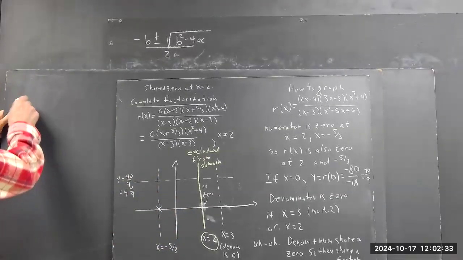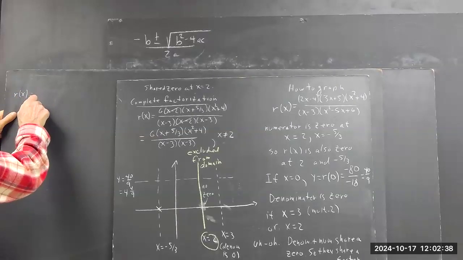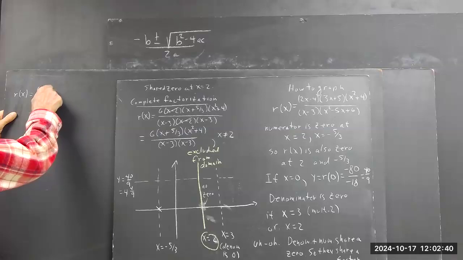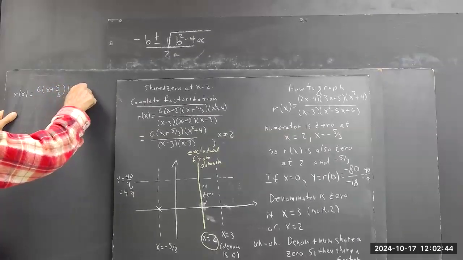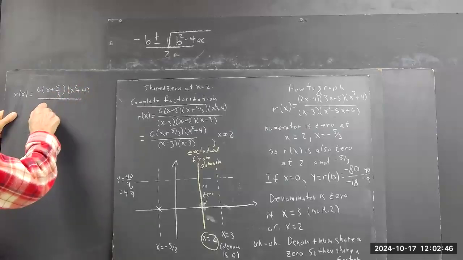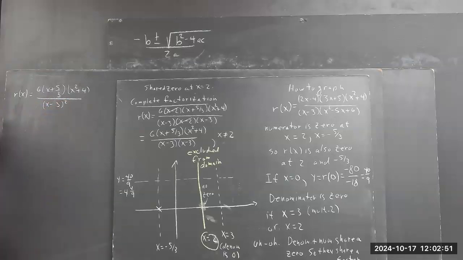Okay. Our of x turns out to then equal 6 times x plus 5/3 times x squared plus 4 over x minus 3. And I'll just say x minus 3 squared.